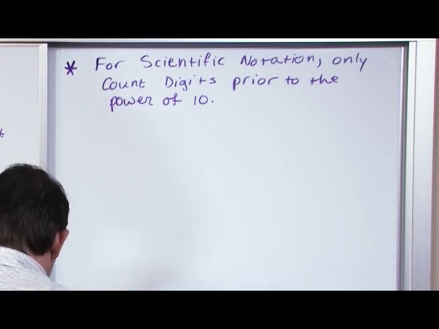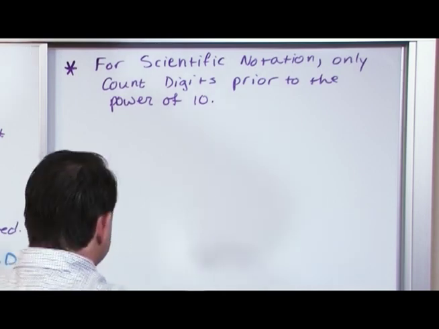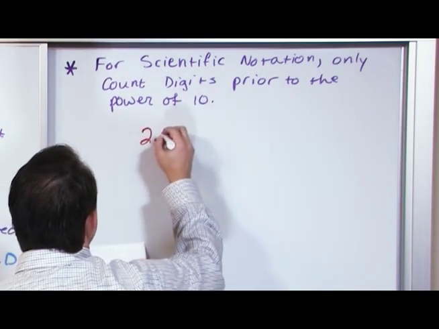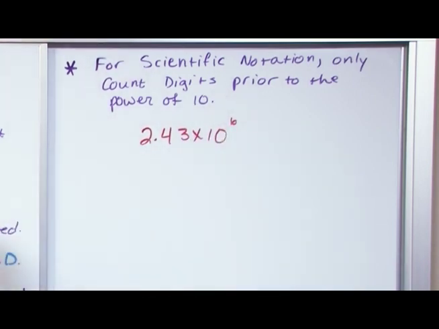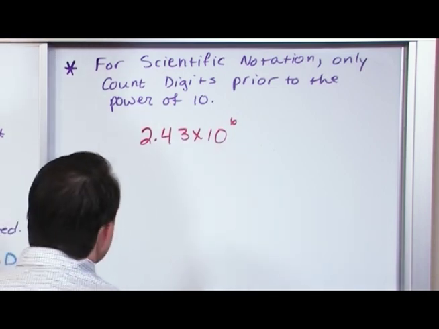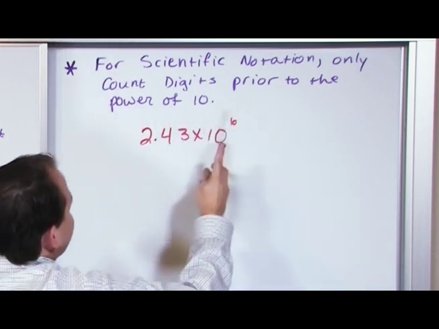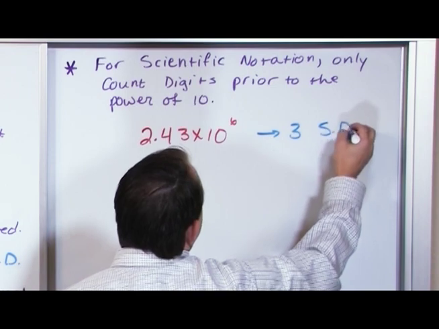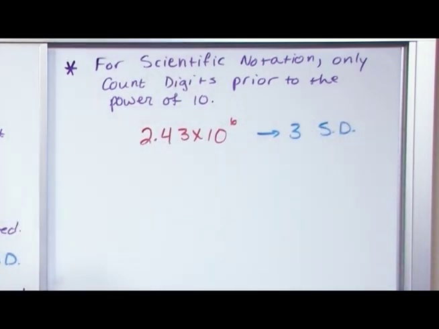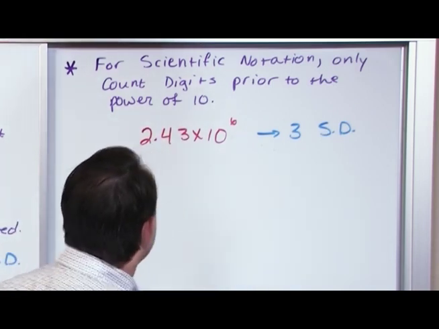As an example, what if you have 2.43 times 10 to the 6? This is an example of scientific notation, right? We talked about that before. How many significant figures does this number have? Well, you don't count the 10 and the 6. You count these numbers before. So it has 3 significant digits. So when you're doing scientific notation, just look at the numbers before there and count those. That's all you need to do.